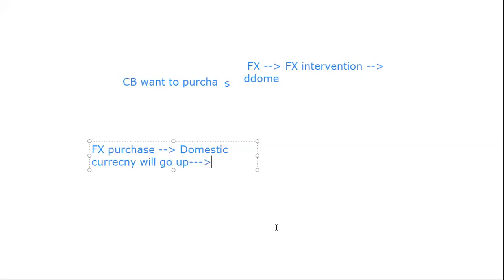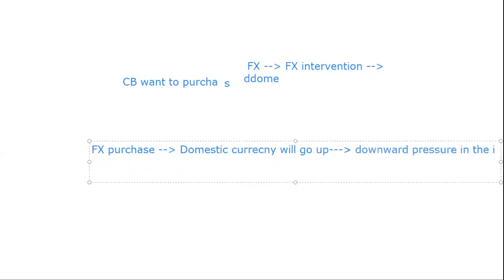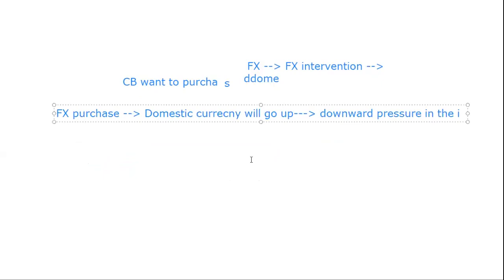When there is a higher domestic currency in the economy, that means our interest rate will go down. So there is a downward pressure in the interest rate. So that is the ultimate result that happens because of this foreign exchange intervention.